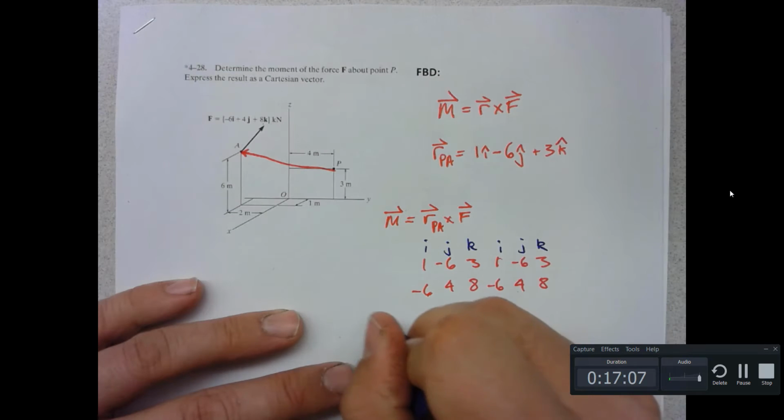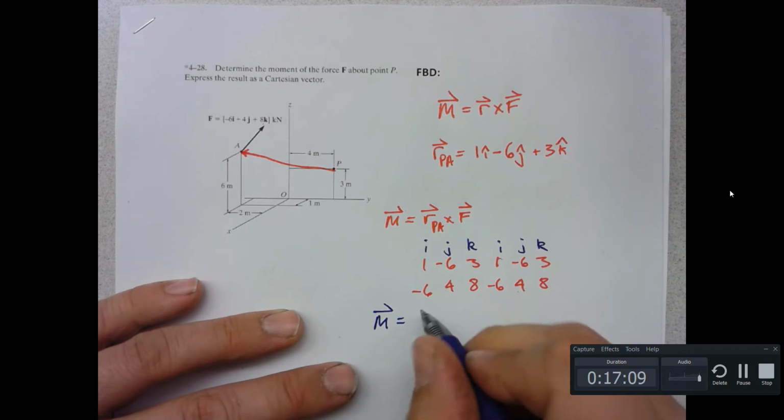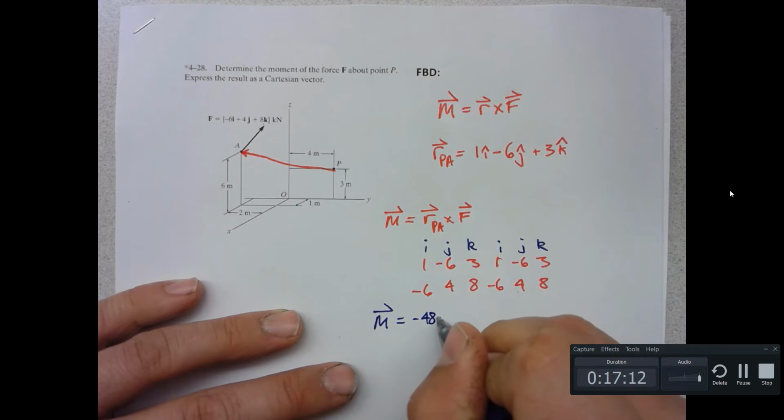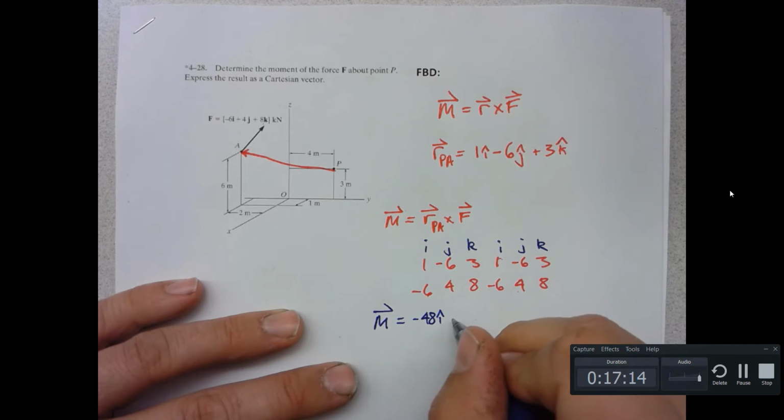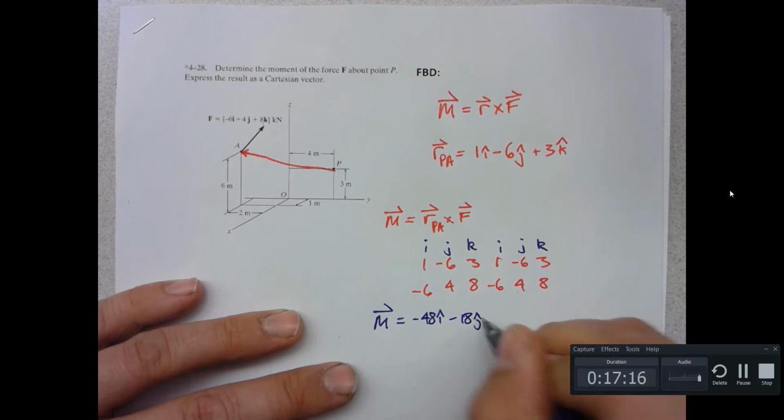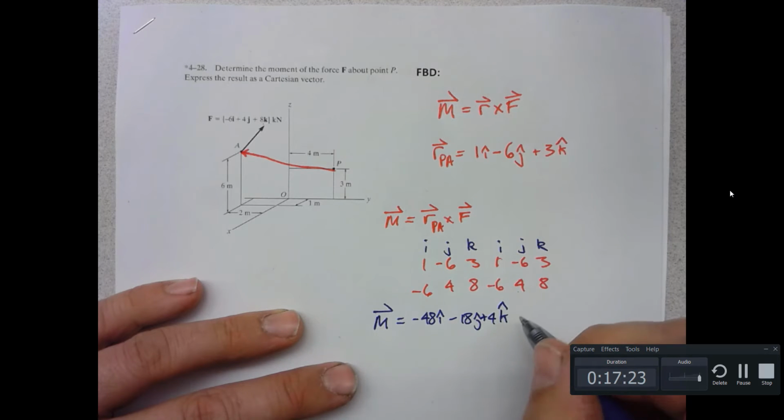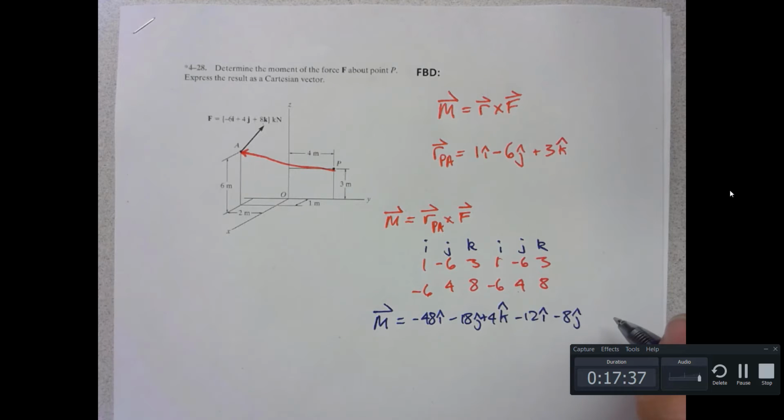So the moment vector is going to be negative 48 i hat, negative 18 j hat, 4 k hat, minus 12 i hat, minus 8 j hat, minus 36 k hat.